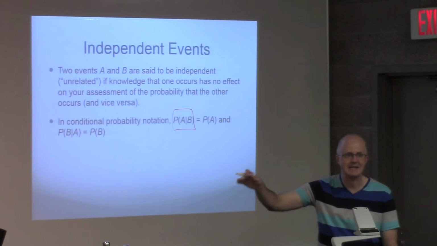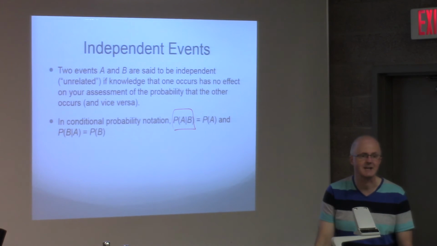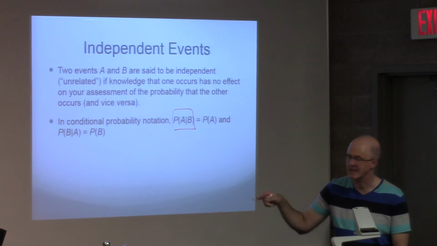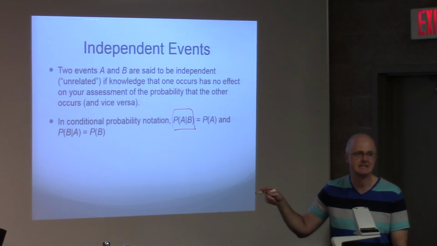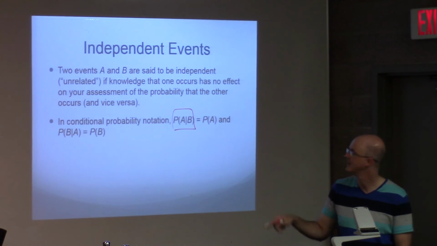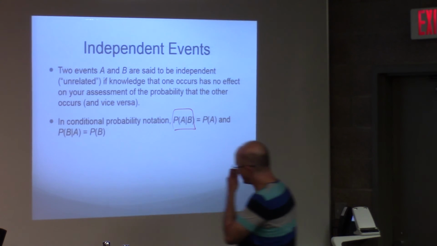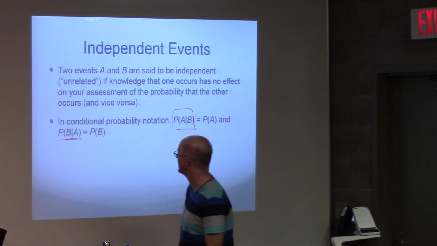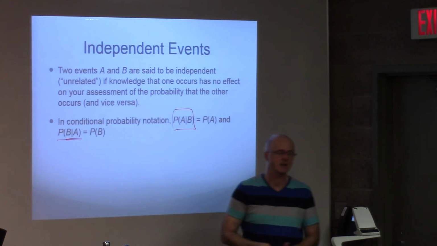That was not the case for the example I just did. Knowing somebody's employed does affect your assessment of the probability that they have 16 or more years of school. So those two events are not independent. And vice versa, the conditional probability that B occurs, given that it is known that A has occurred, is the same as the probability that B occurred.